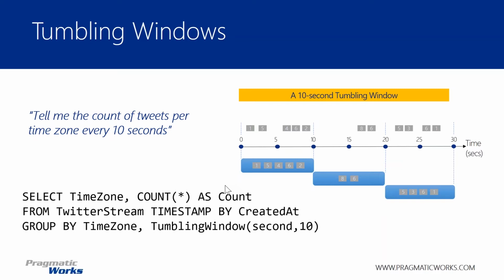We're going to do just a count star aggregate from our Twitter stream, and we're going to timestamp it by a column that's within our Twitter stream data set. And then we're going to group by and use the tumbling window within our group by statement. So in this scenario, we're grouping by a tumbling window of every 10 seconds. With the tumbling window, your data events will not cross over windows. So every 10 seconds, you'll get a new window, and we're going to count the tweets that happen within each of those windows.